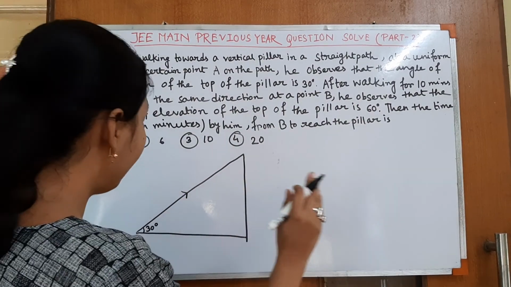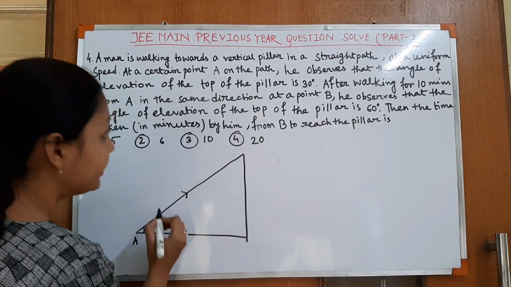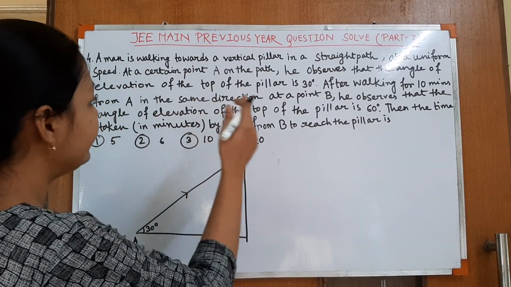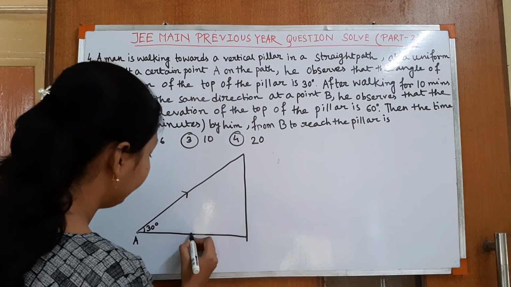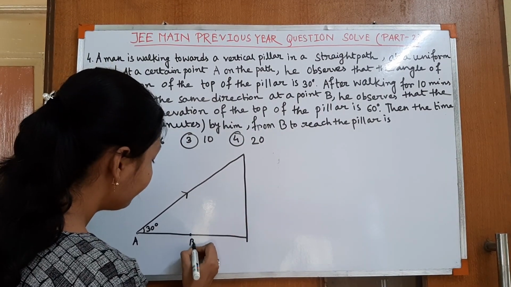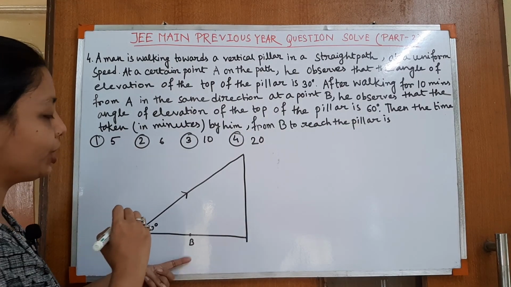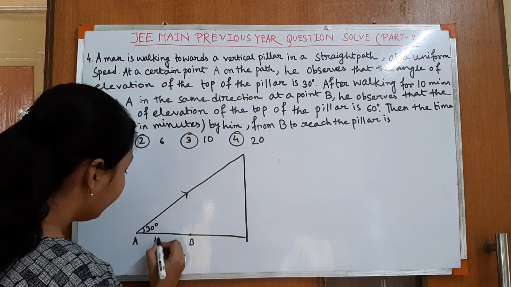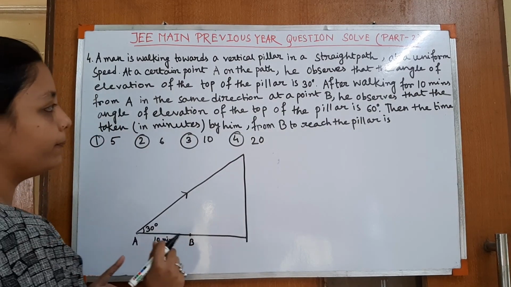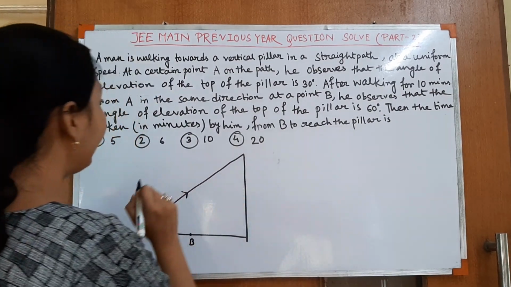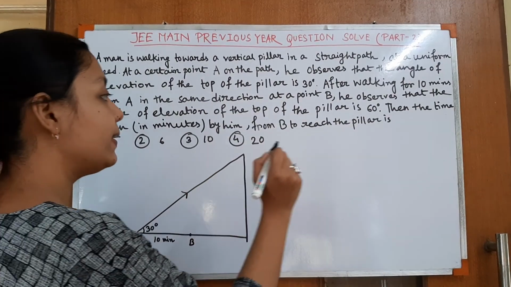After walking for 10 minutes, so he walks 10 minutes from A in the same direction to the point B. Let us draw point B in this position, and he takes 10 minutes to cover the distance from A to B, okay. He observed that the angle of elevation of the top of the pillar is 60 degrees.